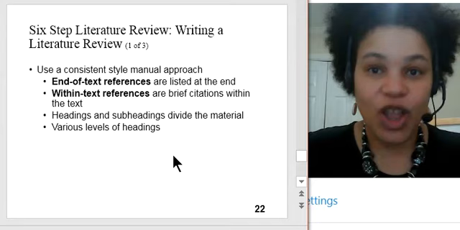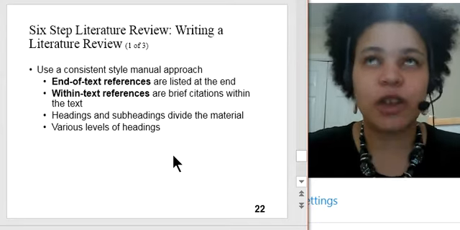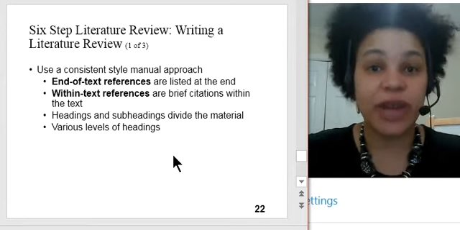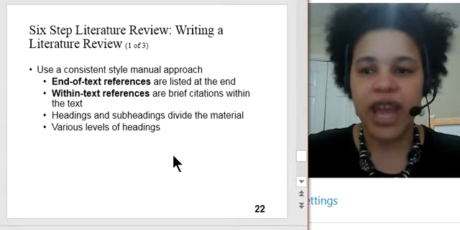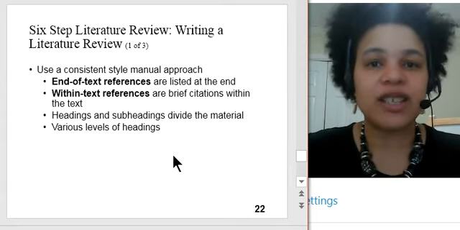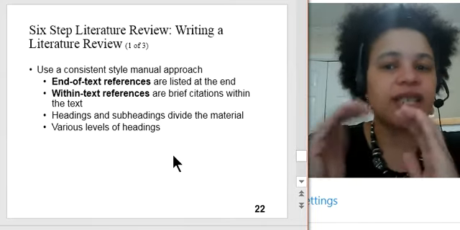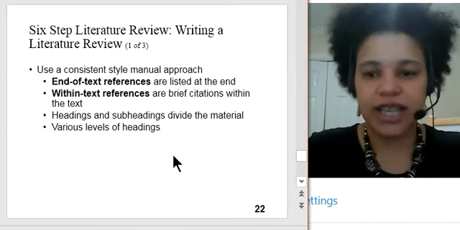Style manual. We're using the American Psychological Association style manual, the APA 6 manual. End of text references: we have our reference list at the end, and then within text are brief citations where we have the author and the date.